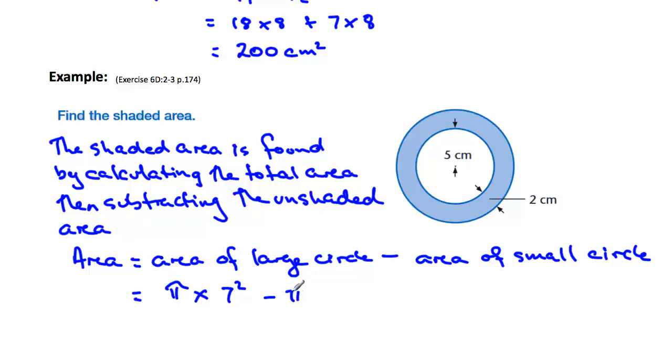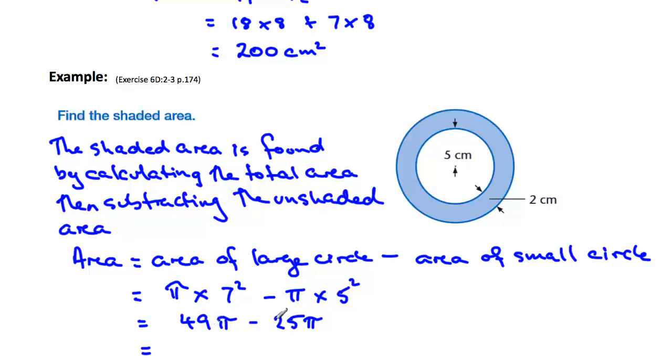And we subtract again pi r squared, this time you've got a radius of 5, so that would be pi times 5 squared, and if I wrote this out long ways, that would be 49 pi minus 25 pi. It's good to write it like this before you simplify it, because then you have far less in the way of rounding errors.